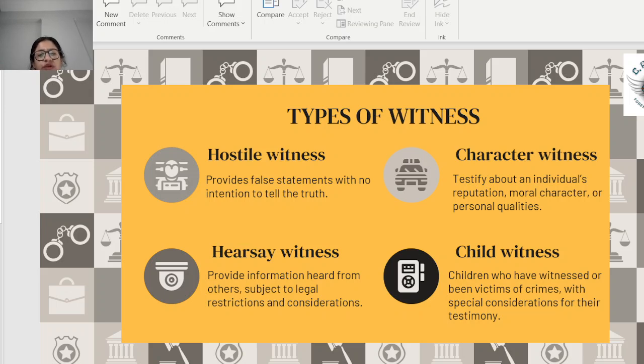Now, there are other types of witnesses as well, and if you look closely, you will find similarities with the types of witnesses that we have already discussed. For example, what is a chance witness? He's any person who, by coincidence, happens to be present at the scene of the crime. Isn't it similar to the eyewitness, right? Now, I'll give you another example, the interested witness. Who is an interested witness? Somebody who gets a monetary gain from the party who has called him.